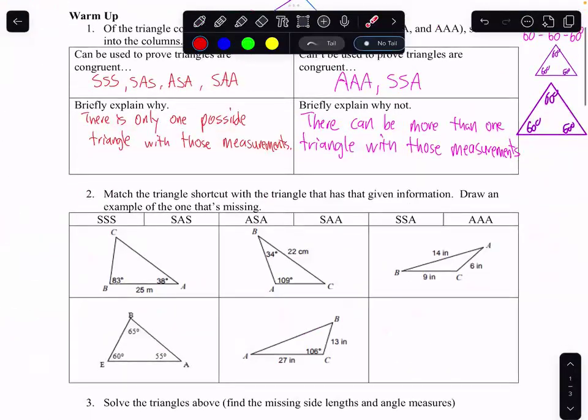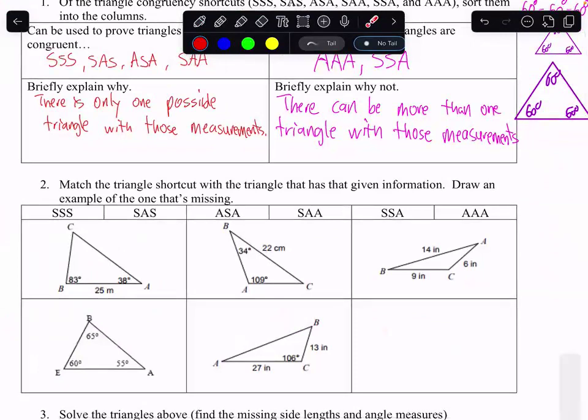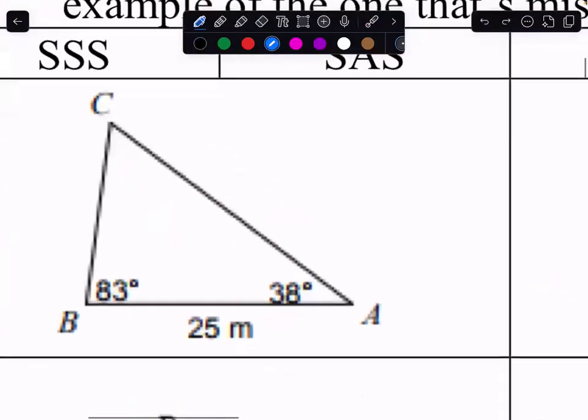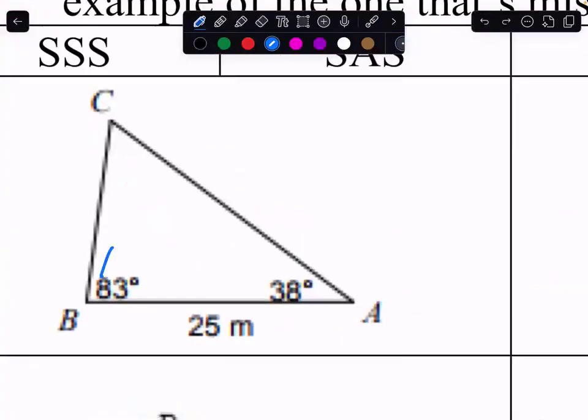Okay, so another thing to keep in mind is that some of these both have two A's and one S, so how do you tell them apart? Okay, so if you look at this top left one, you're given this angle, this side length, and this other angle. So the rule is you basically have to go the shortest path.